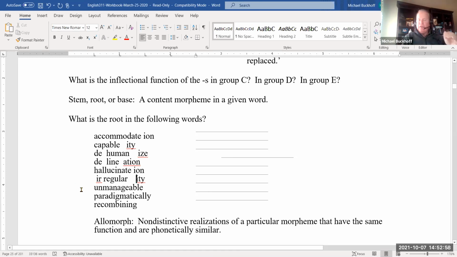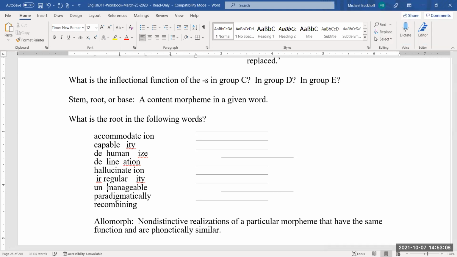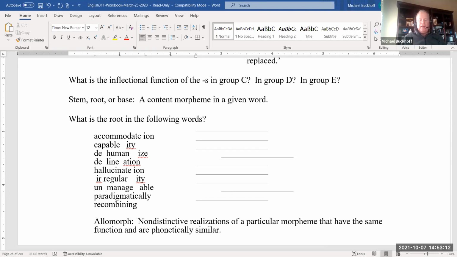How about unmanageable? Say again. Manage. Good. So we've got it nailed down right there. You have manage, which is a verb. I want to say unmanaged, but I don't think you use that as a verb. So we have manage, which is a verb, manageable, which is an adjective, and unmanageable, which is an adjective.